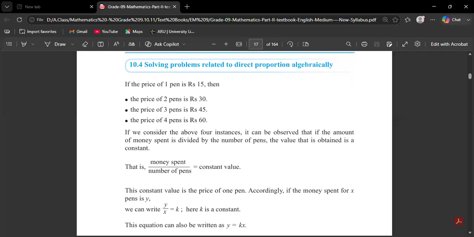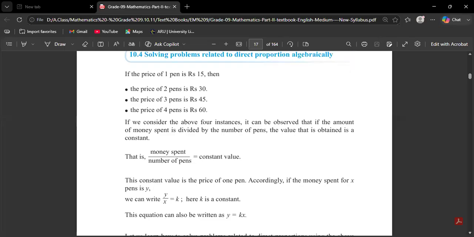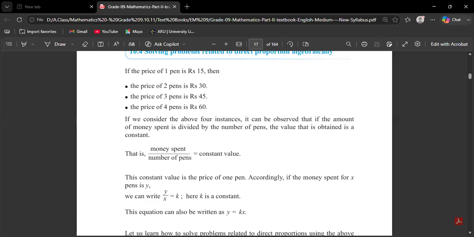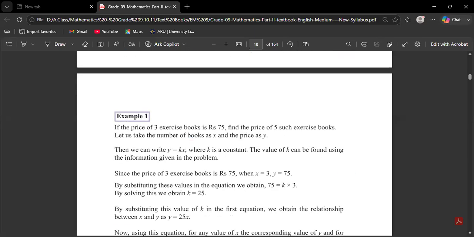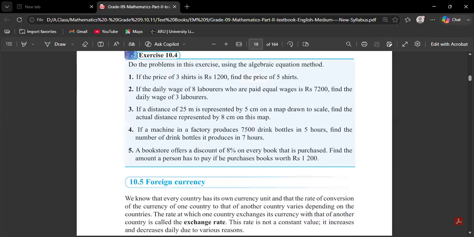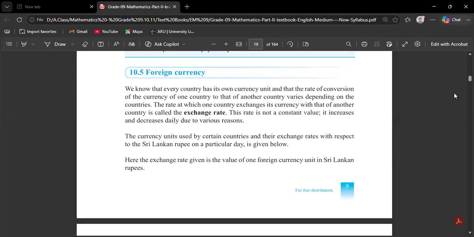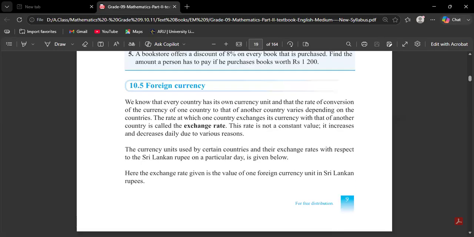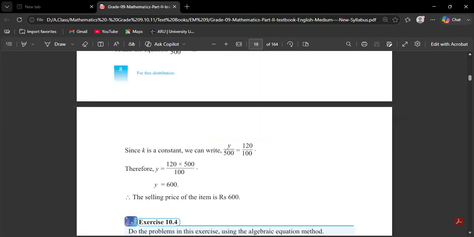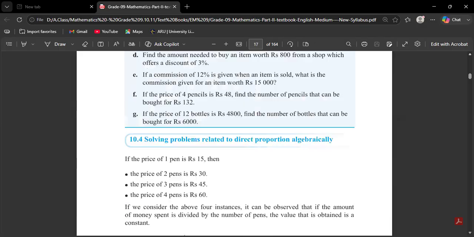The third one, solving problems related to direct proportion algebraically. Actually, if I were the person on the board who makes these textbooks, I would introduce the first and second methods only. I don't like this third method. Actually, that one is confusing. So first we'll practice the first two.